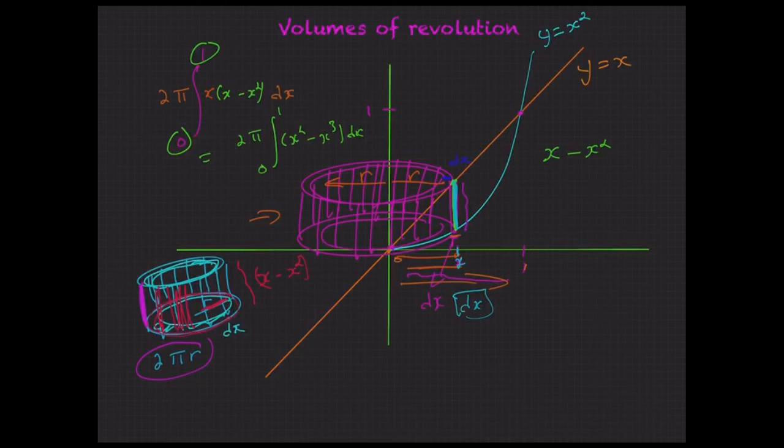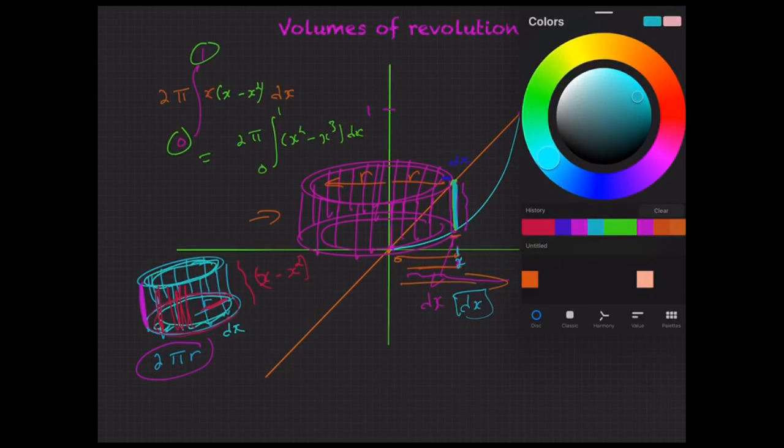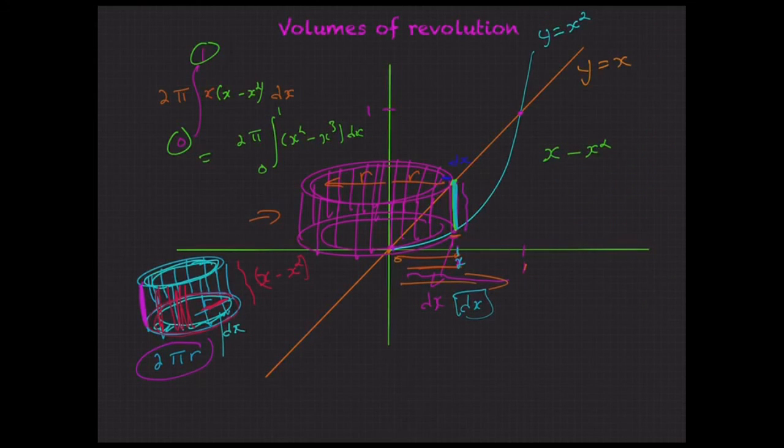The radius gives me the circumference, 2 pi times r, and the radius, of course, is the x, and so that's where that comes from. And we end up with this thingy here.